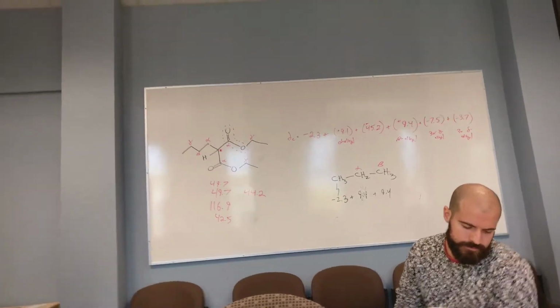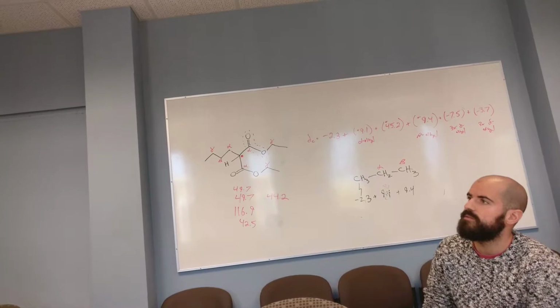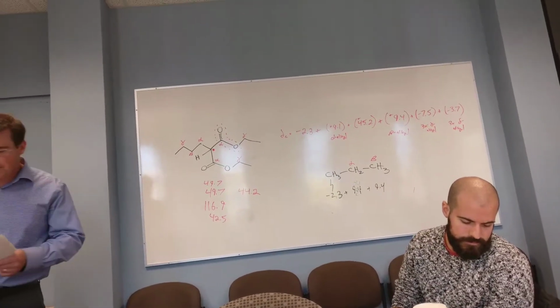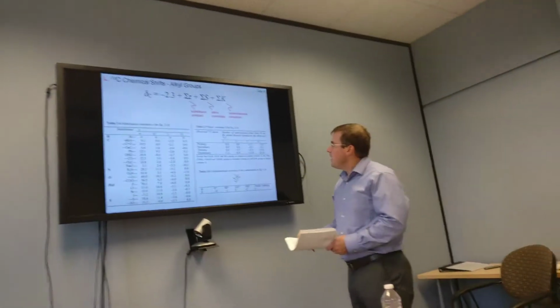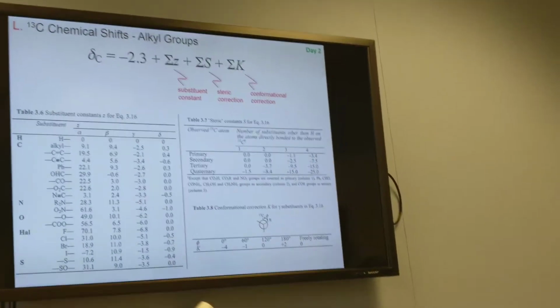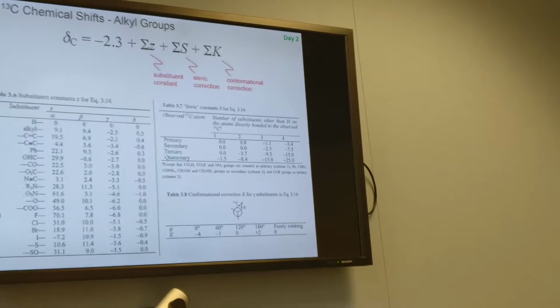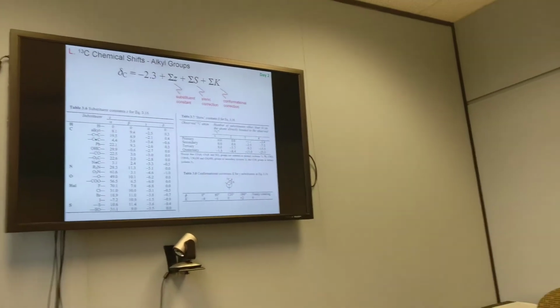Now, our carbon of interest is primary, secondary, tertiary, or quaternary? Tertiary carbon, okay? How many substituents other than hydrogen are on the atoms that are directly bonded to the carbon? 3. Anybody else have a different perspective?